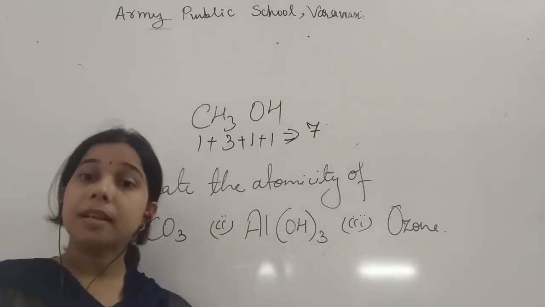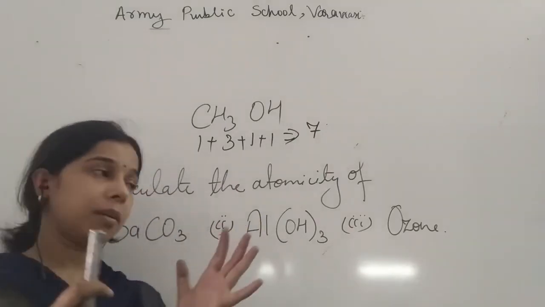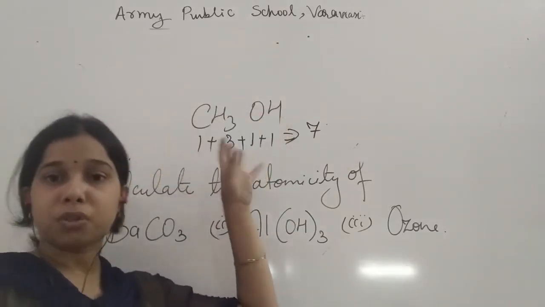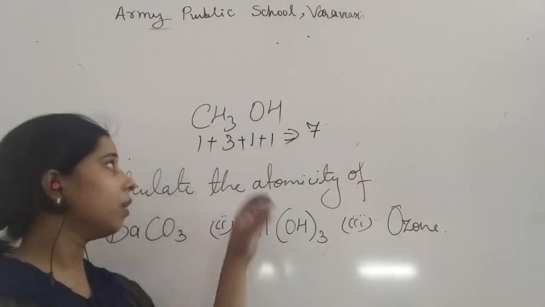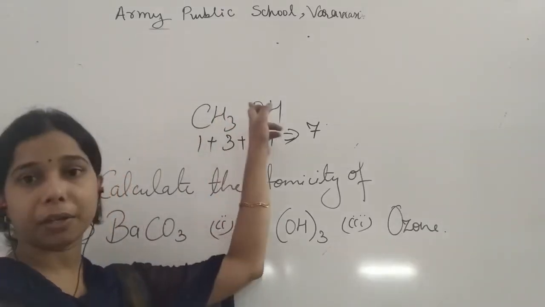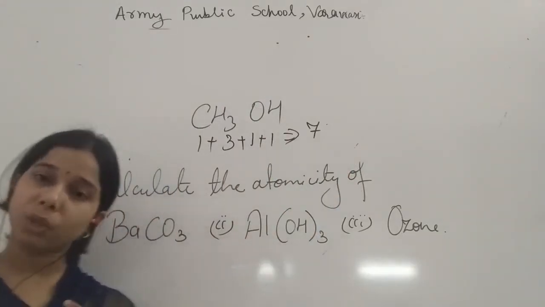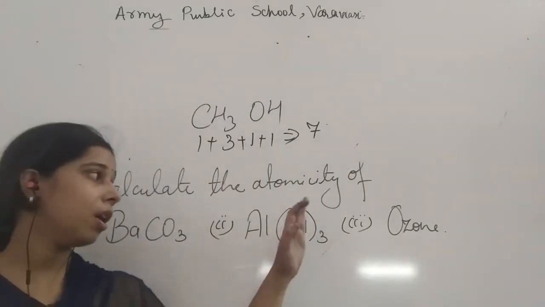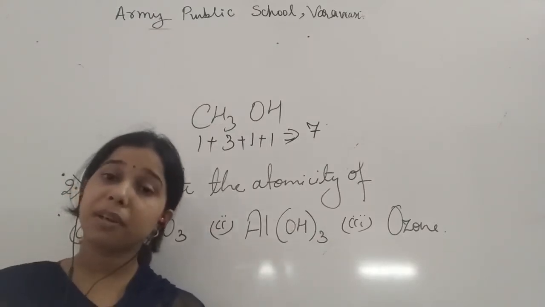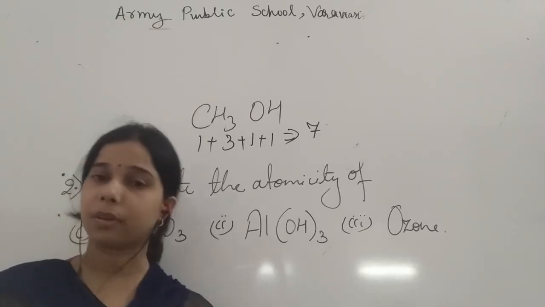It means 7 atoms combine together, or total 7 atoms form this molecule. So the atomicity of a particular molecule of the compound is equal to the total number of atoms present in that particular molecule.